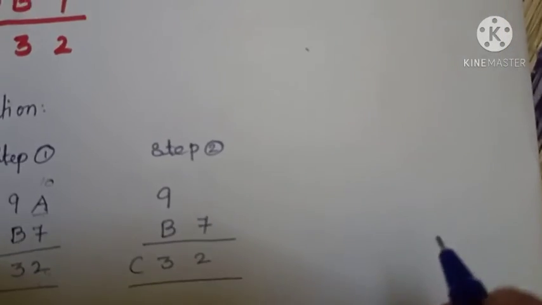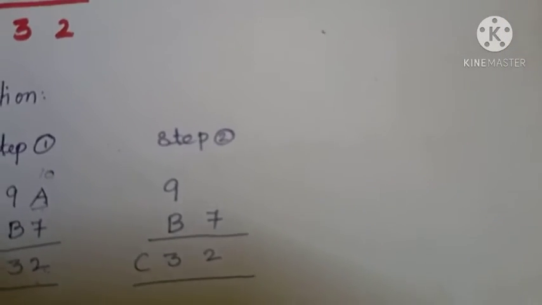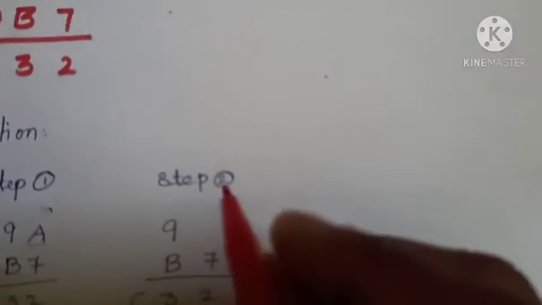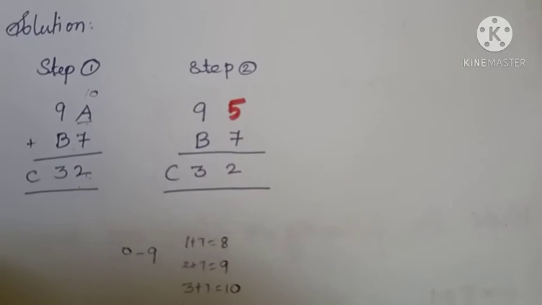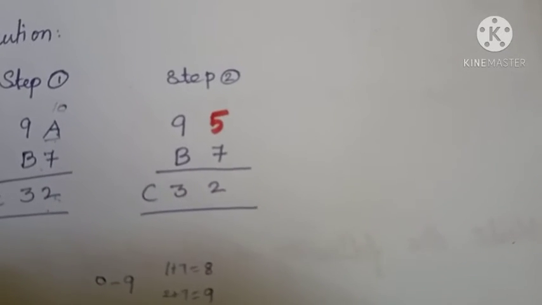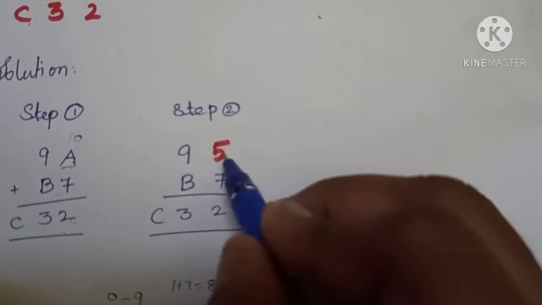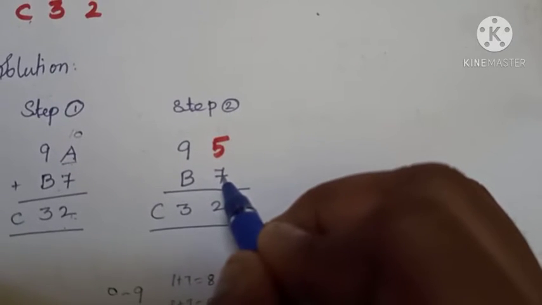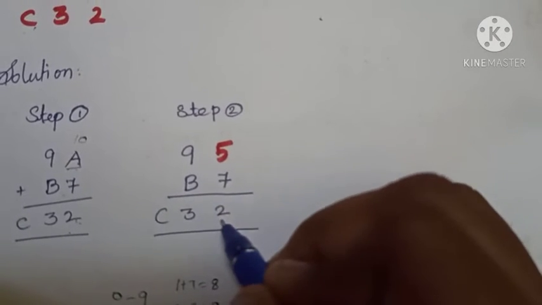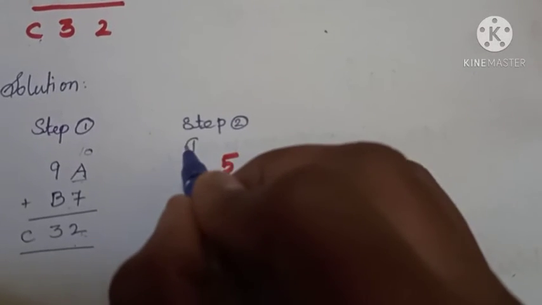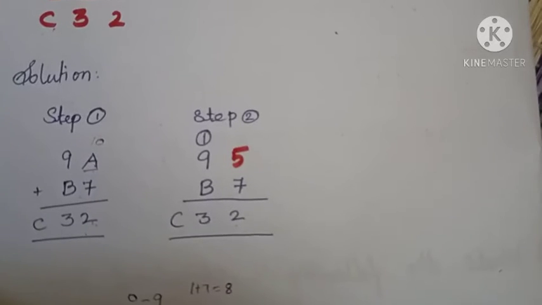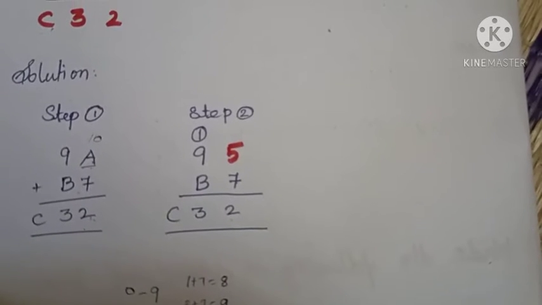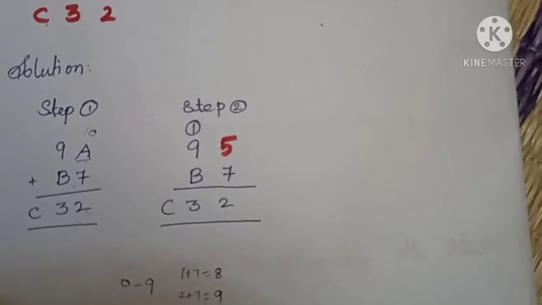So we can replace A directly as 5. Now you can check, 5 plus 7 is equal to 12, 2 and carry over 1. Okay, second step completed by replacing the value of A.